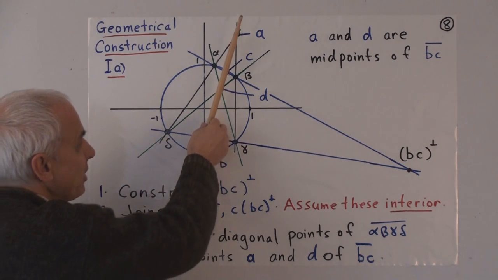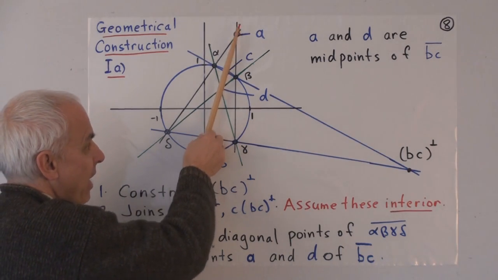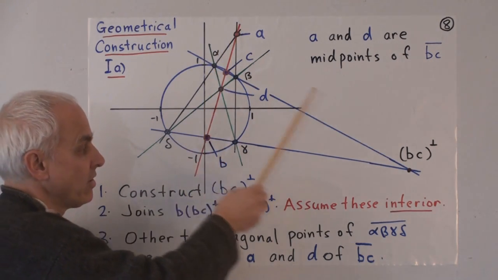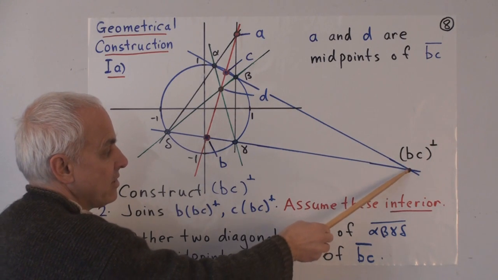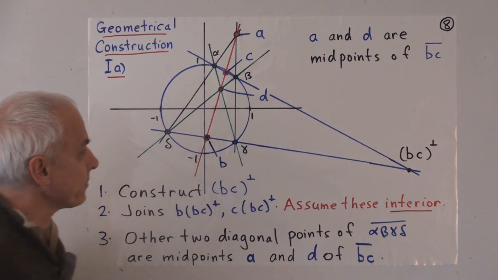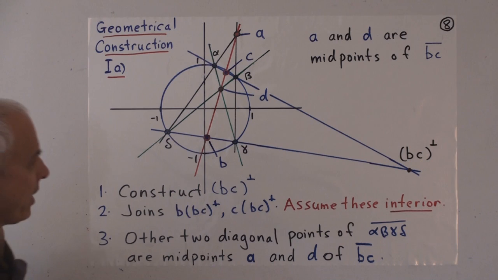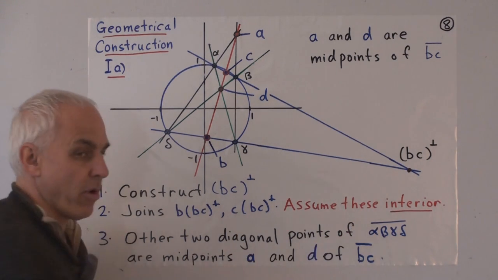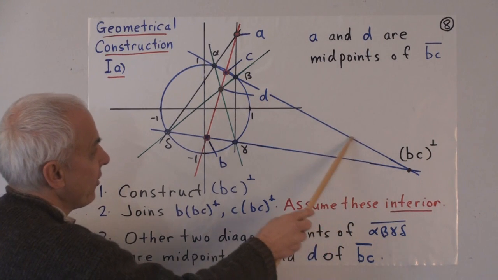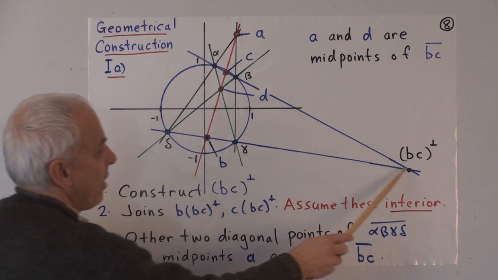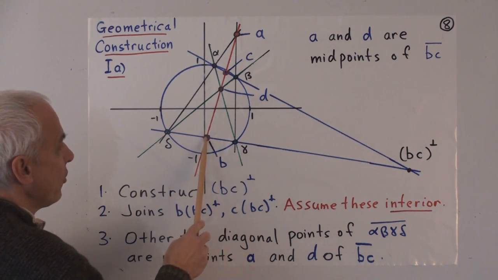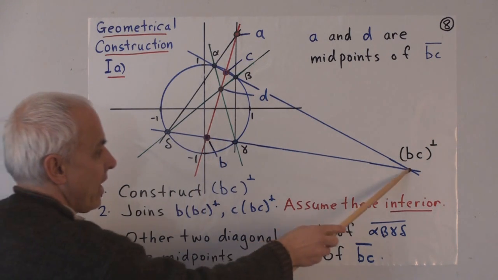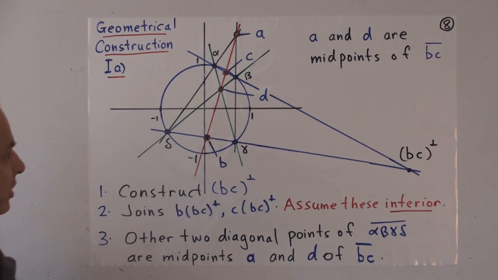The first thing that we do is we join B and C, and we find the dual point of that line. So there's BC perp. Then we join B and C to this dual point. So we draw these lines through B and C, and the dual of the line joining them.